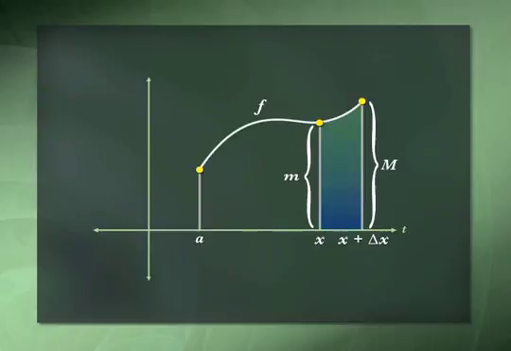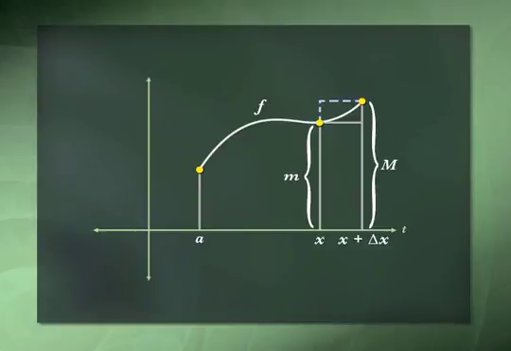Well, again, let's look at the picture. Little m determines a rectangle, height little m, width delta x. That's a certain area. Big M determines a larger rectangle, height big M, width delta x. And I claim the area under the curve is in between those two maximal and minimal values.